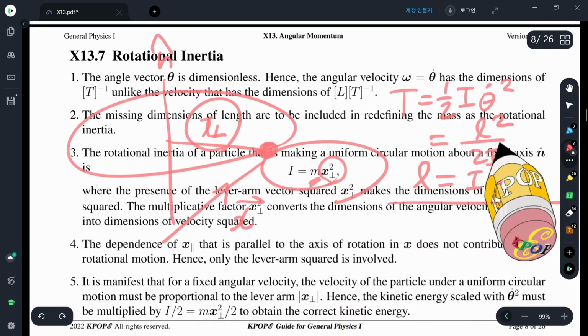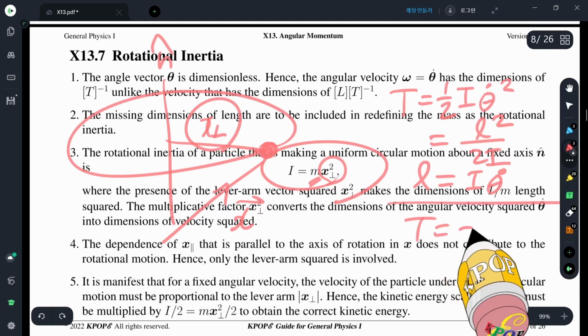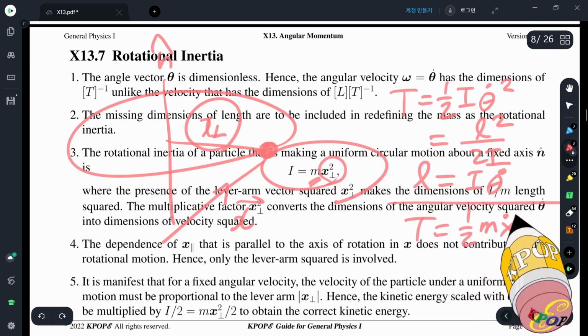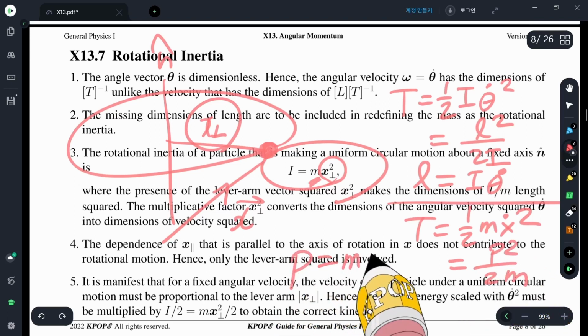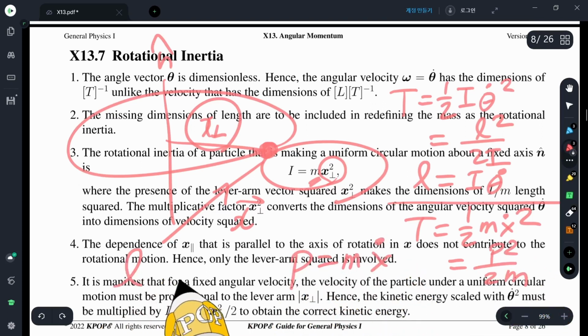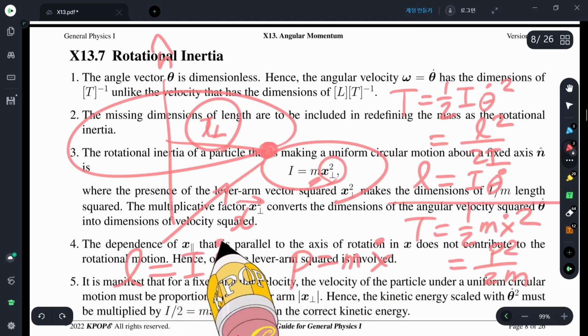In comparison with the linear momentum case, one half m x dot squared, or p squared over 2m, where p is mass times velocity, the orbital angular momentum is I theta dot, and I is mass times x perp squared.